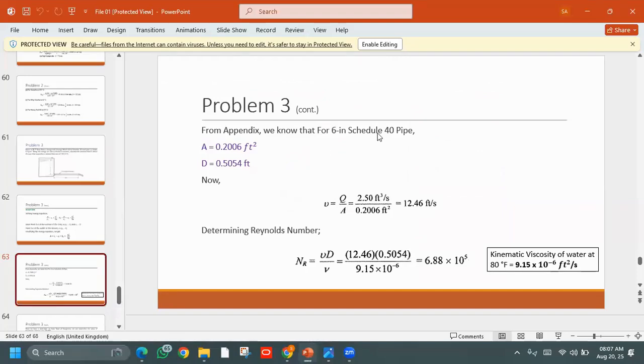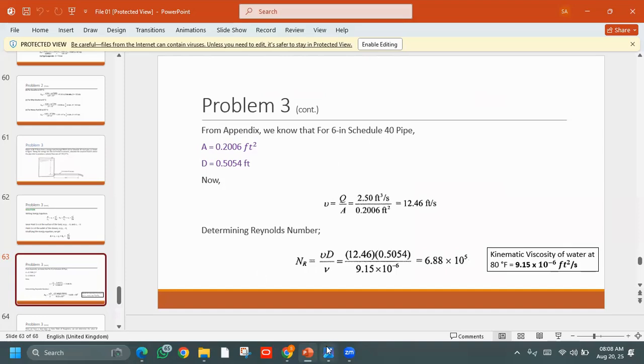For the schedule 40, 6-inch pipe, we have the area equal to 0.2006 and the diameter equal to 0.5054 feet.